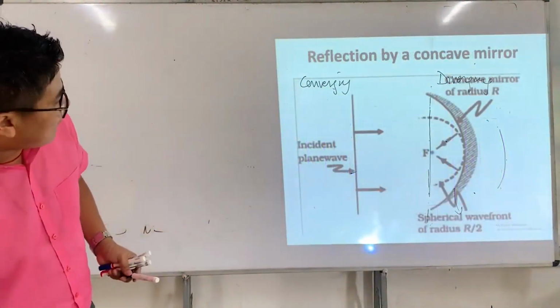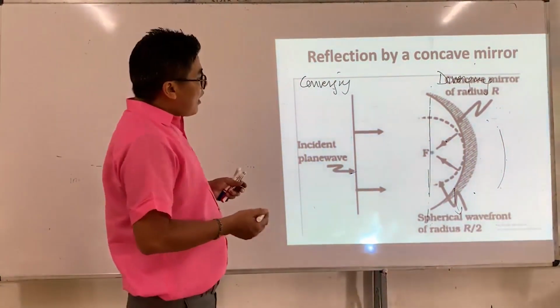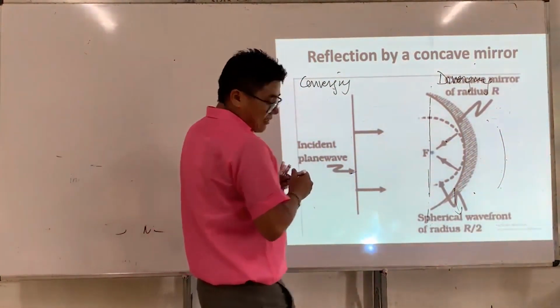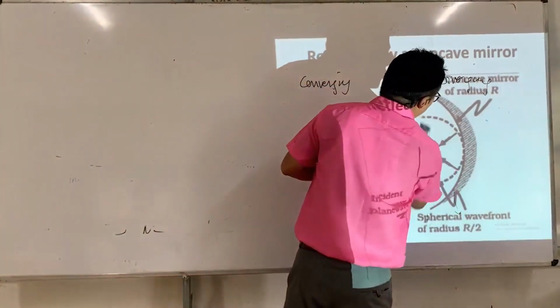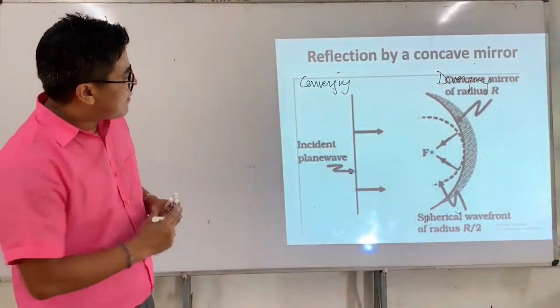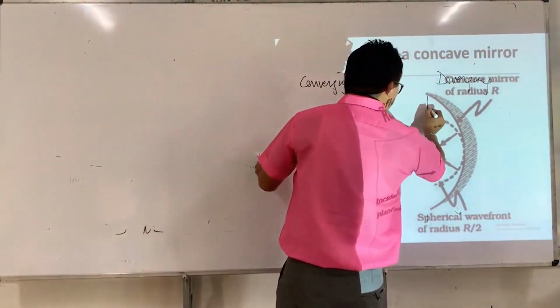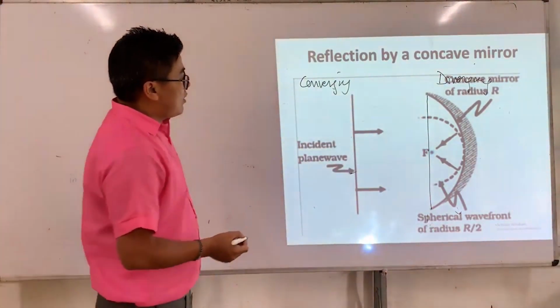And this is what we have for a concave lens. Again, the point is that light travels at equal speed. All the waveforms travel at equal speed. However, look at it, this is the incident waveforms.